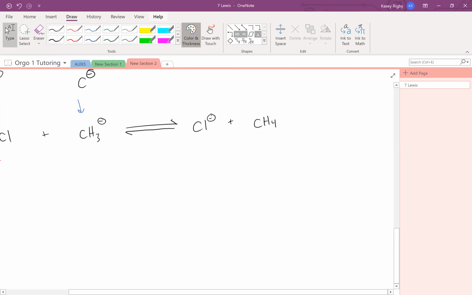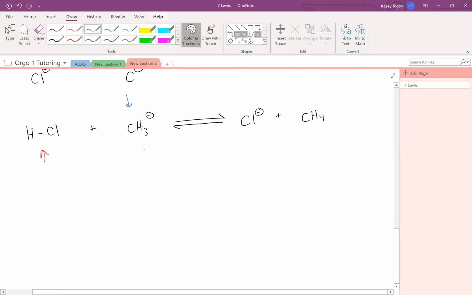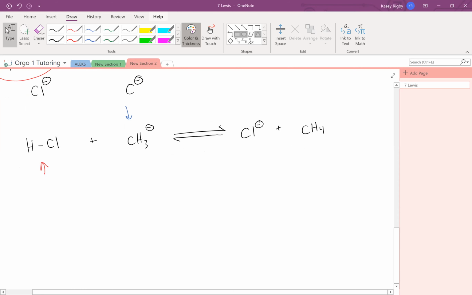And we've established again that CH3 negative is a stronger base than Cl negative. So if we're trying to figure out which end it's going to go to, what I usually do is I compare the two possible acids. Usually the acids are going to be positively charged or neutrally charged, so we can sort of just ignore these two.